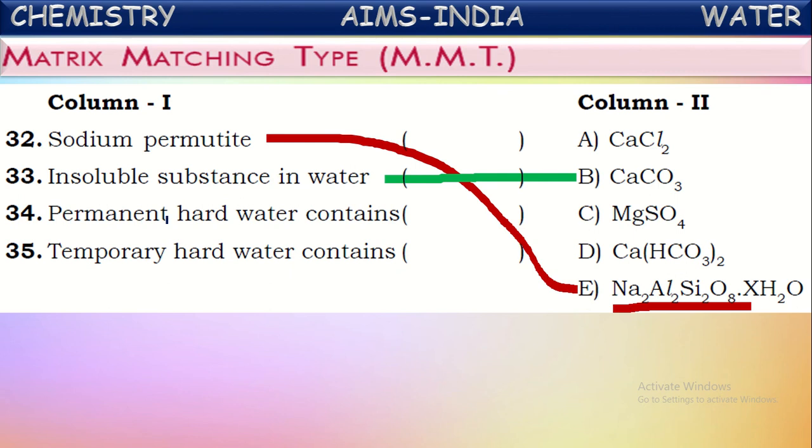So the next one, permanent hard water contains. What does it contain? Permanent hard water. The chemicals like chlorides and sulfates of calcium and magnesium cause permanent hardness to the water. So here they mentioned calcium chloride. It is one of the substances present in the permanent hard water.